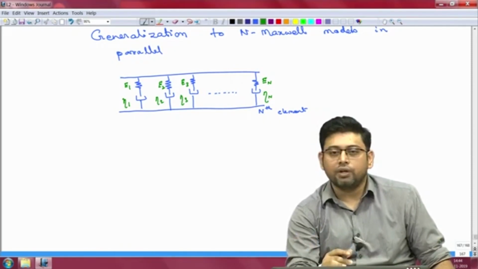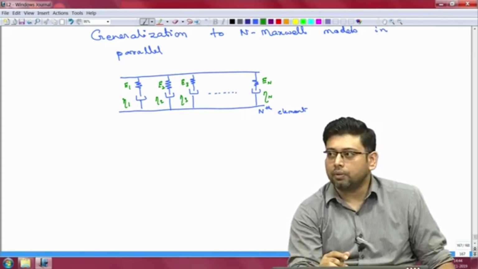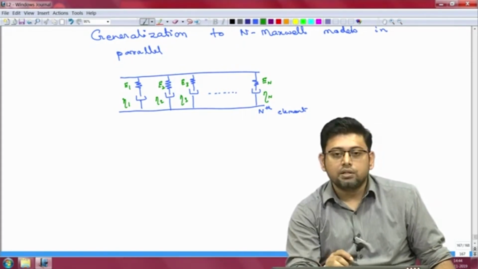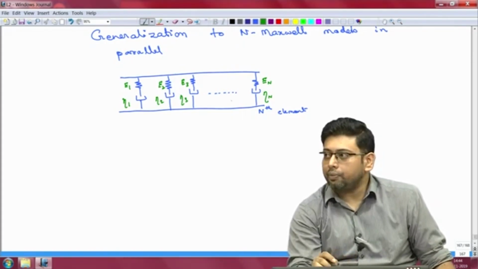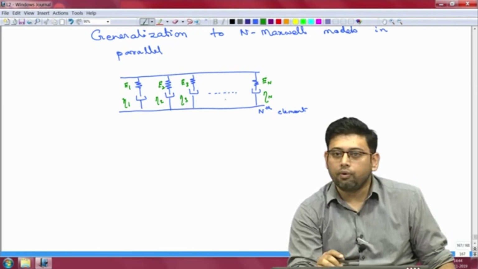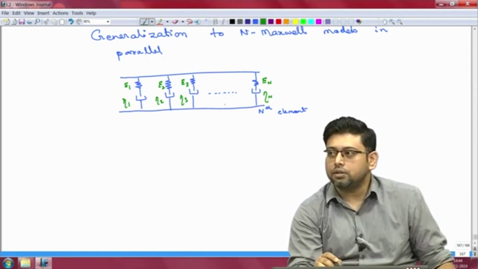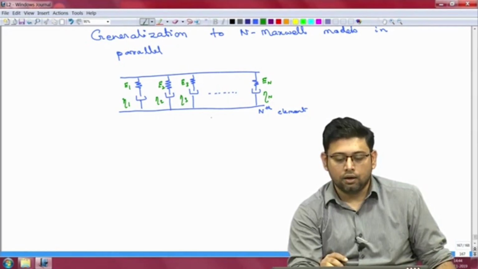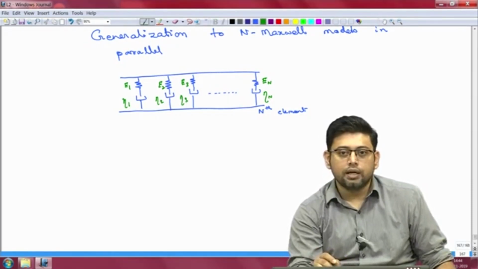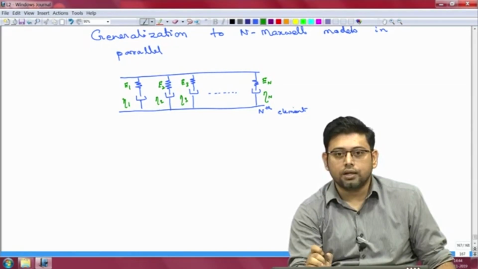It will keep on moving as long as the force is applied. So, each of these elements individually will keep on acting like fluids. So, this entire thing taken together will also act like a fluid. So, this model is appropriate for a viscoelastic fluid.